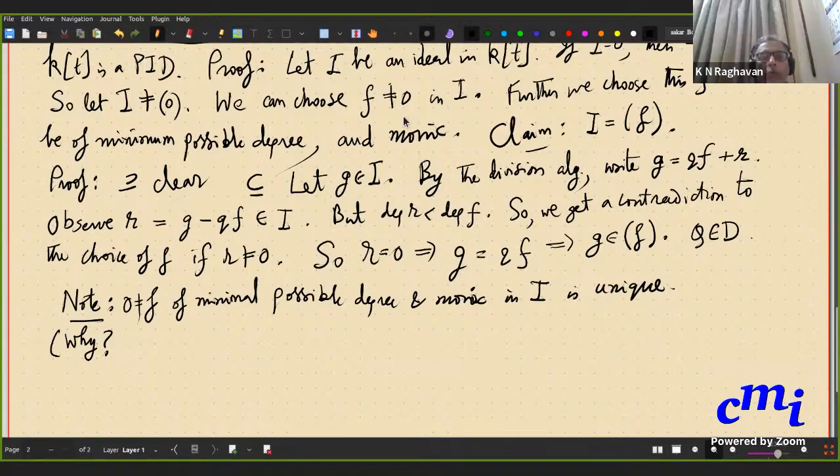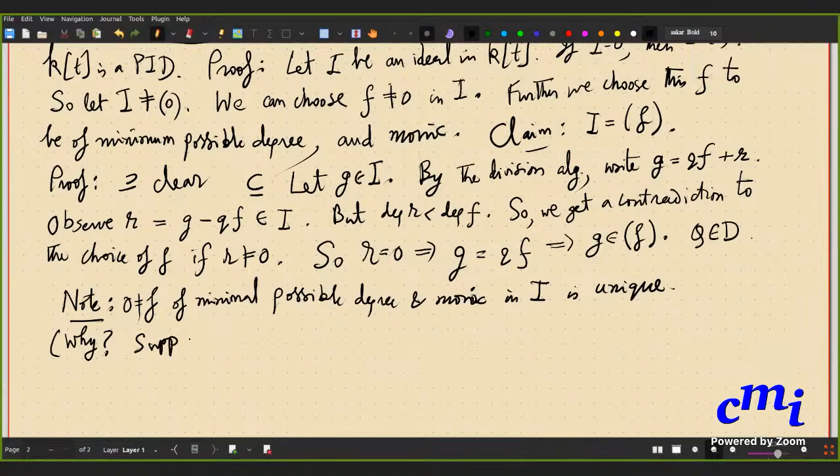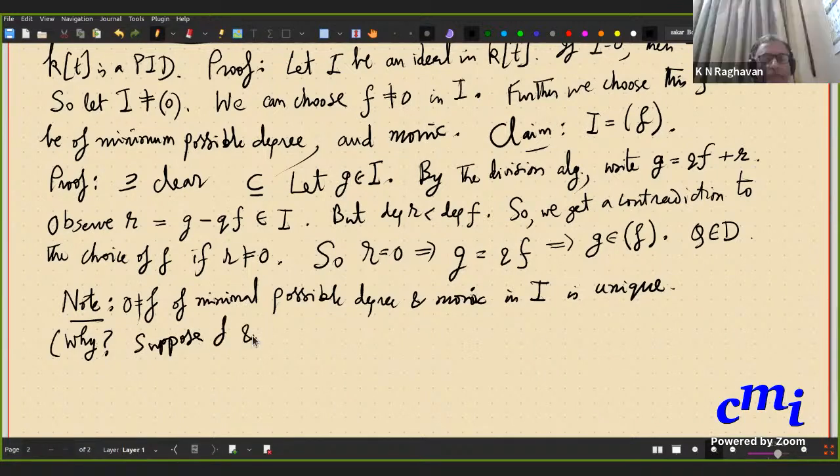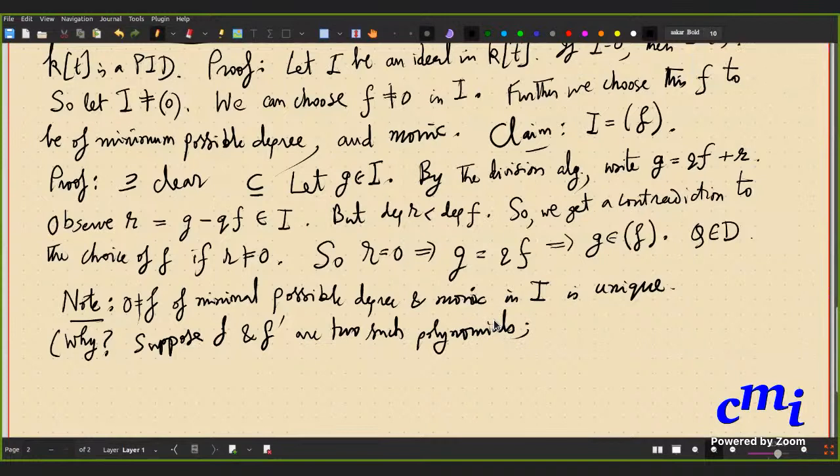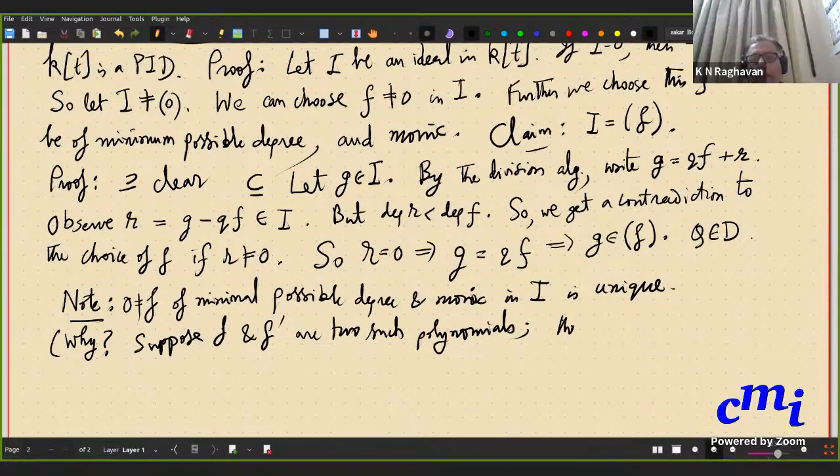Suppose F and F prime, let me call them, are two such polynomials. Then F should be a multiple of F prime. Very good.